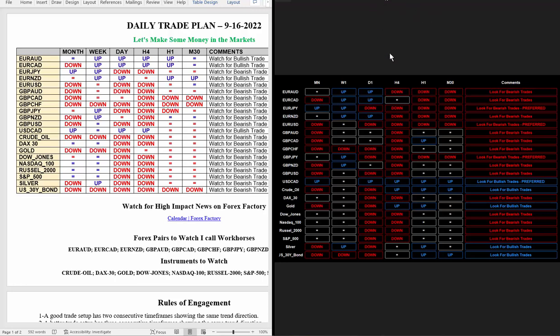So as the market is moving, this will shift, and it is geared towards being a day trader. In other words, once the 30 minutes to 1 hour, if these two change colors, especially if the 4 hours changes colors, then you can easily go from a sell trade to a buy trade.